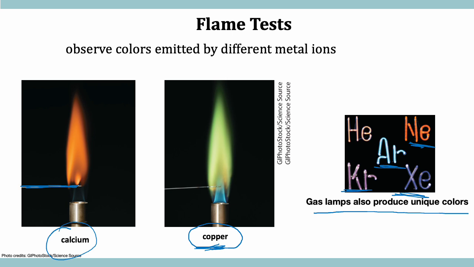How are we getting all these colors? Those colors are coming because of the type of atom, the type of gas that is present inside that bulb. So based on the gas, it would give you a different color of light emission.